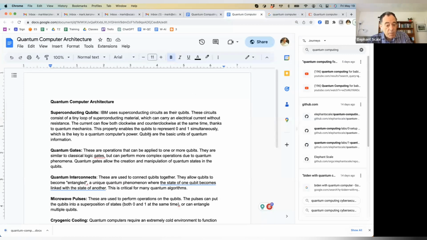This property enables the qubits to represent either 1 or 0 or both 1 and 0 at the same time. And so the official term for that is superposition, right? That's what is here. Maybe we should mention this is called superposition.